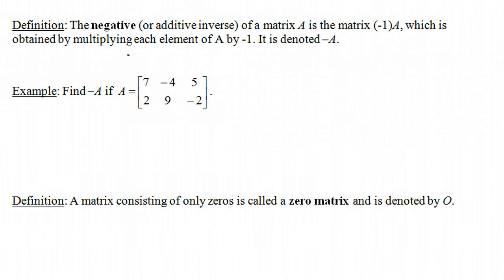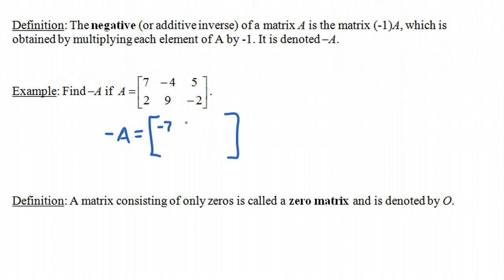The negative of a matrix A is the matrix -1, that scalar -1 times A, which is obtained by multiplying each element of A by -1. And it's denoted by this, -A. So find -A if A is equal to this. Well, if A is that, -A is just -1 times A. So we're going to take every entry in here and multiply it by -1.